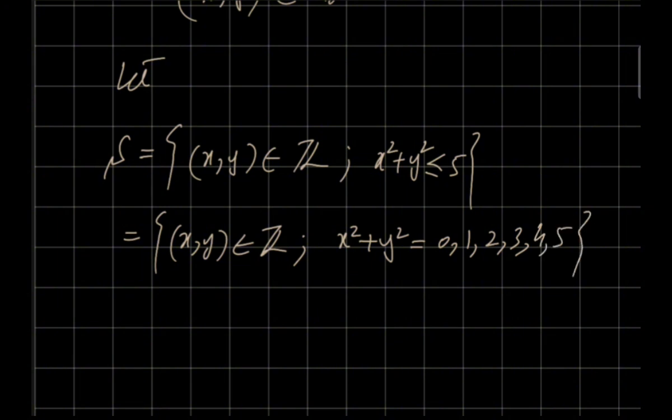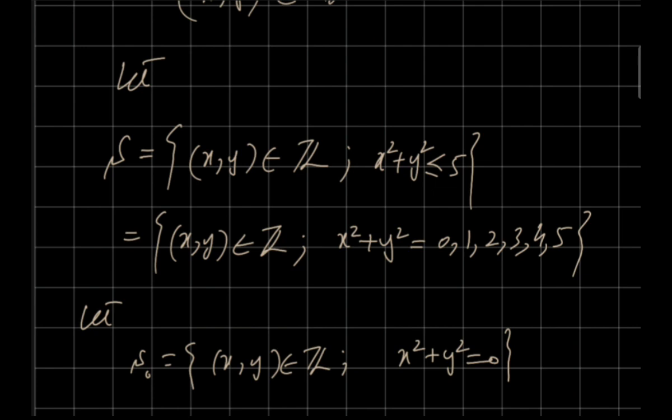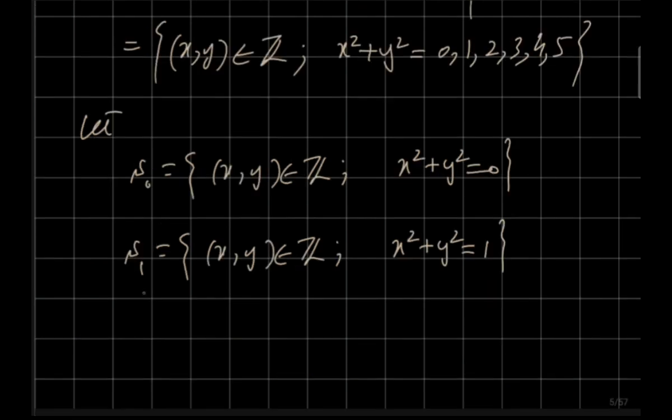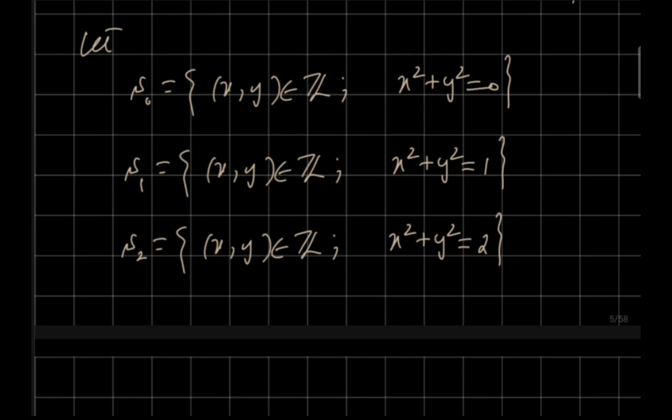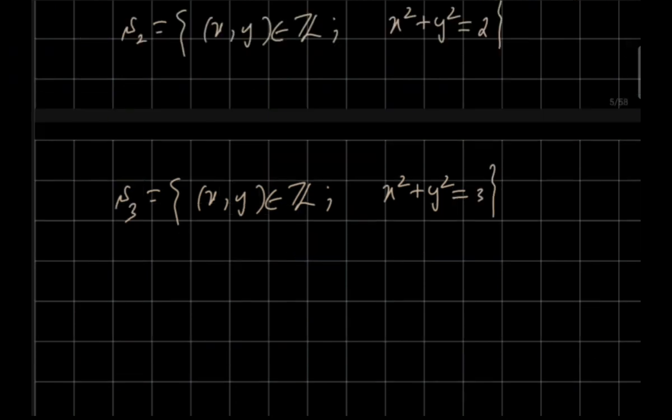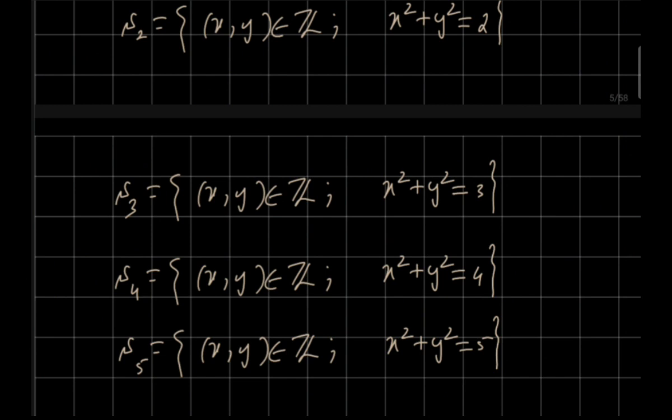So we will make 6 different subsets of this set such that S0 contains those ordered pairs from Z such that x square plus y square is equal to 0, and S1 contains those ordered pairs such that x square plus y square is equal to 1. Similarly, S2, then S3, then S4, and then S5.